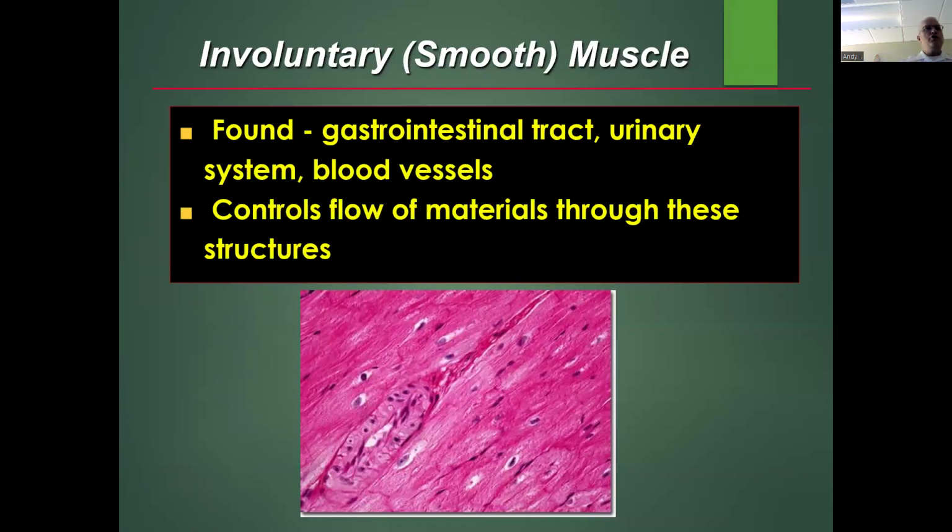Involuntary muscles, those are the smooth muscles. Those are found in the gastrointestinal tract, in the urinary system, and the blood vessels. Yes, the blood vessels have muscles in them too, or surrounding them. They control the flow of materials or fluids through these structures, and blood vessels have the ability to dilate and contract, which is controlled by the body.